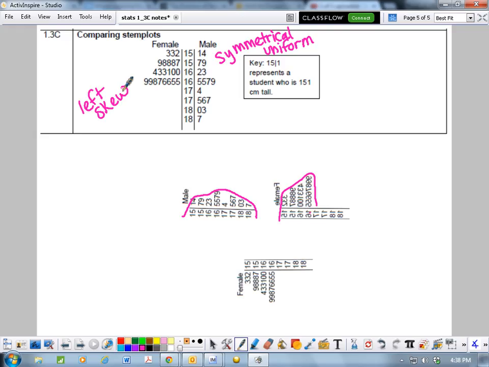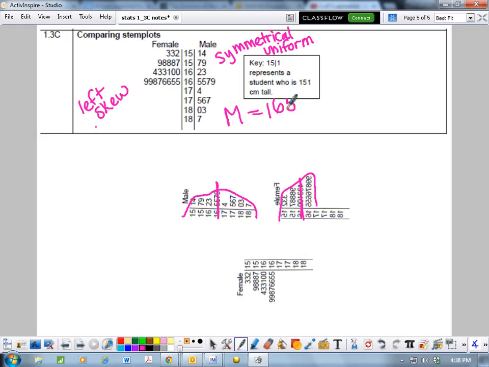And then we can start comparing center. So we can look at modal. I choose not to look at modal. I try to look at median. This would be a good one. So my median's probably going to be right in here. And so our median for males is going to be in the upper 160s.